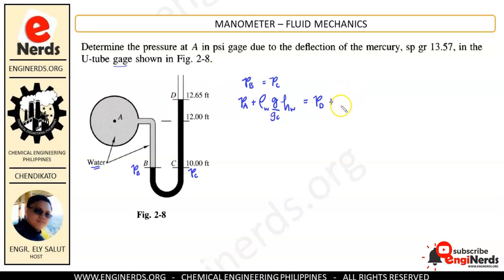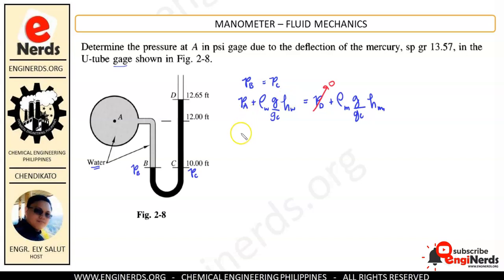So, we need here the density of mercury times the acceleration due to gravity times the height of the mercury, diba? So, that's our formula in here. However, katulad nung sinabi ko kanina, gauge pressure tayo rito. So, we don't need the atmospheric pressure from here. So, this is equal to 0.